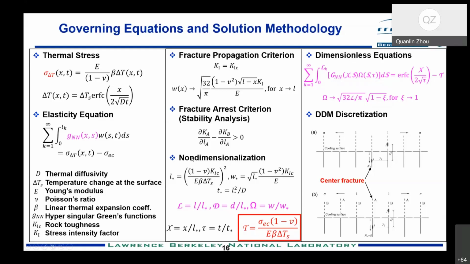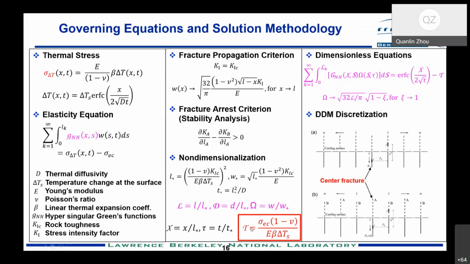We use non-dimensionalization to scale the different variables. Now we have a dimensionless fracture length L, fracture spacing D, and fracture aperture omega.